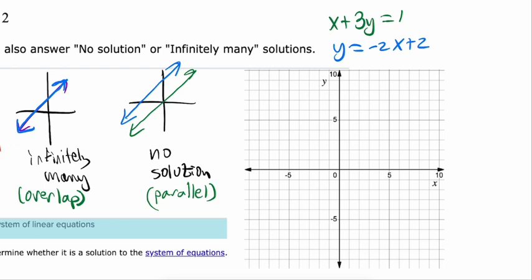Now, the problem is when we are trying to find the solution of overlap by graphing, we have to be careful that we try to make that line as straight as possible. And you haven't seen me graph a lot of things yet, but you already probably get this. I can't graph a straight line to save my life, but I'll do my best. And you're going to have to really be careful when you graph it.